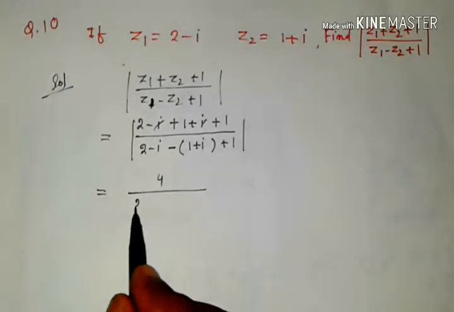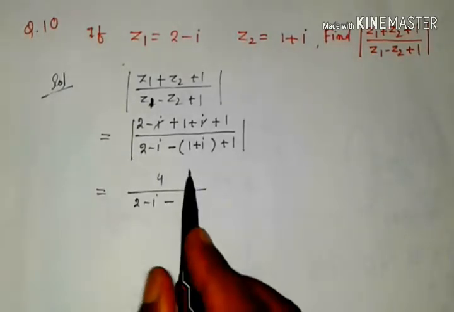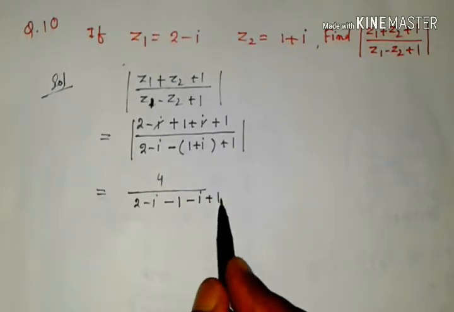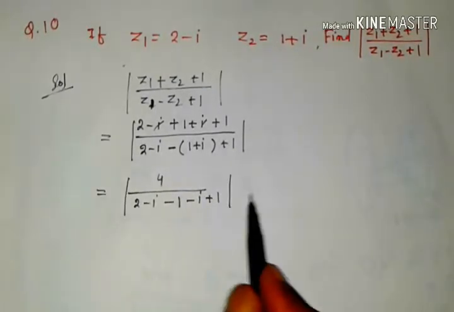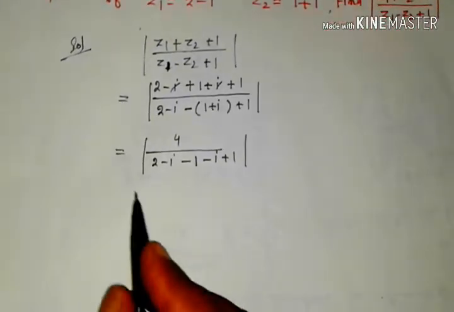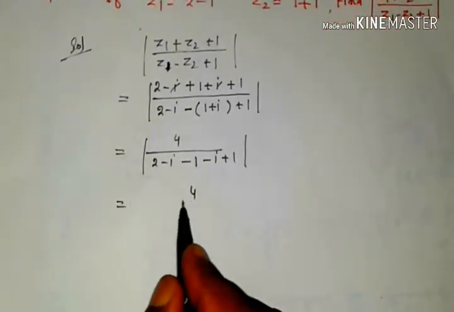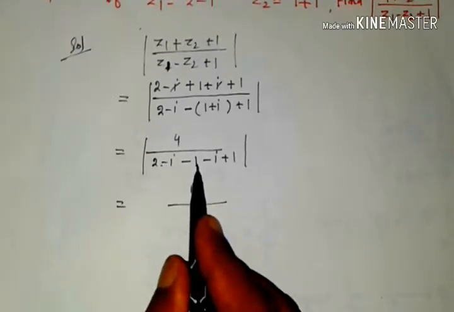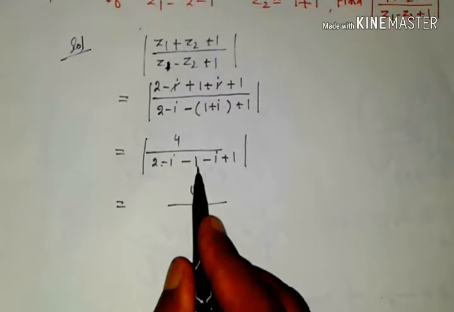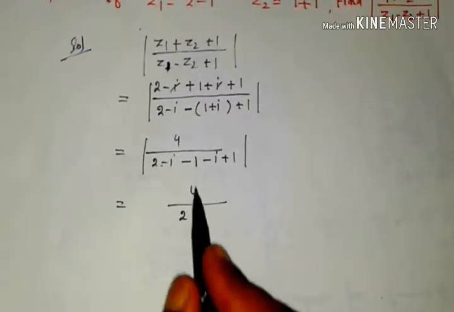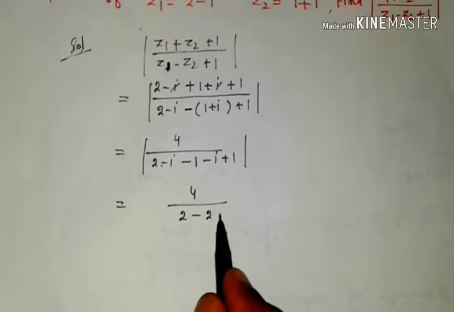In the denominator, this is 2 minus i, if we remove the bracket, minus 1 minus i plus 1. This is 4 over 2 minus 1 plus 1, that is 2, and 2 minus 2i.